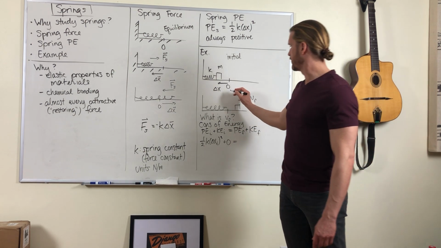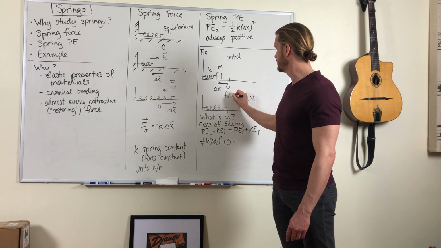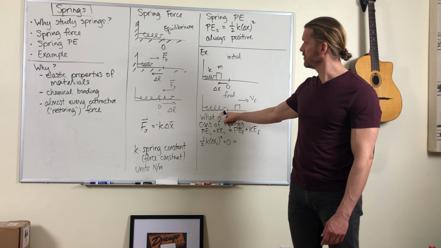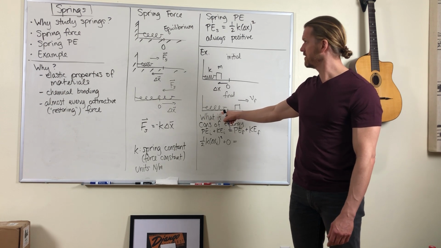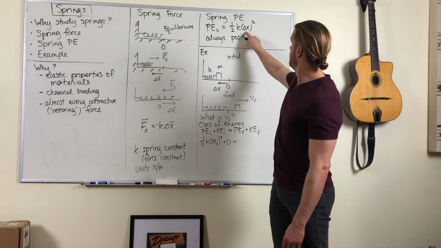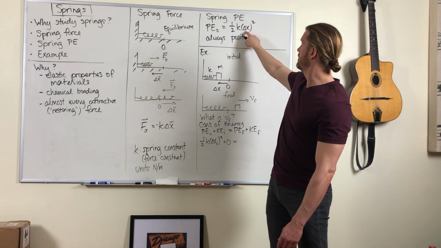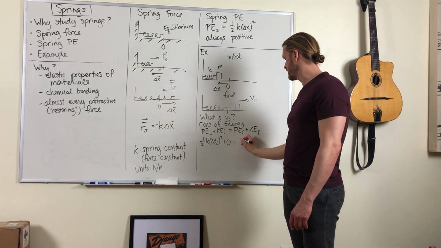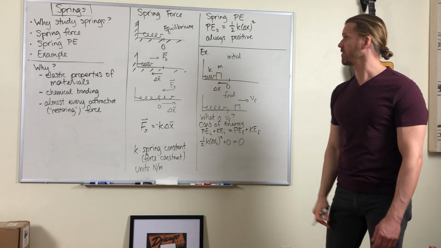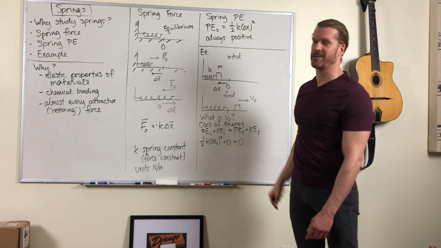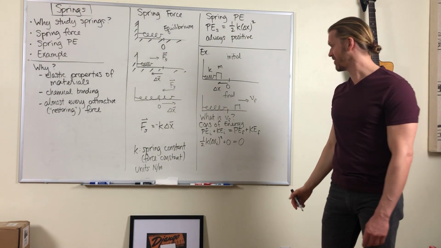Well, in this final picture, oops, I gotta label it final. In that final picture, the spring has returned to its equilibrium length. It's returned to 0 position. So if delta X is 0, there's no spring potential energy. That term is just 0. Right? If delta X is 0, 1/2 K delta X squared is also 0.